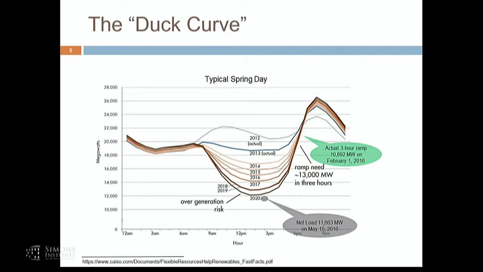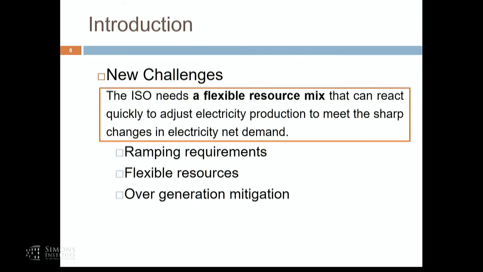So in order to deal with all that, the new challenge to the system operator is that they need a flexible resource mix that can react quickly to adjust electricity production, to meet the sharp changes and to react to net demand. So we have ramping requirements, we need flexible resources, and we need to mitigate the overgeneration.